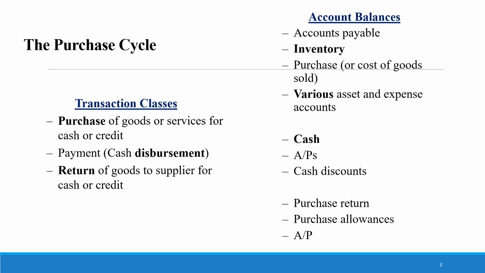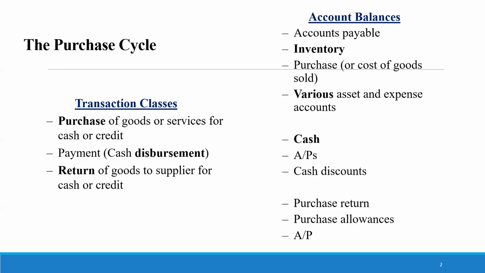Which account? Inventory. Okay, inventory. So maybe not just inventory, because your purchase cycle could be purchasing inventory, could be purchasing expenses, the services, could be purchasing even PPEs, etc. Right?